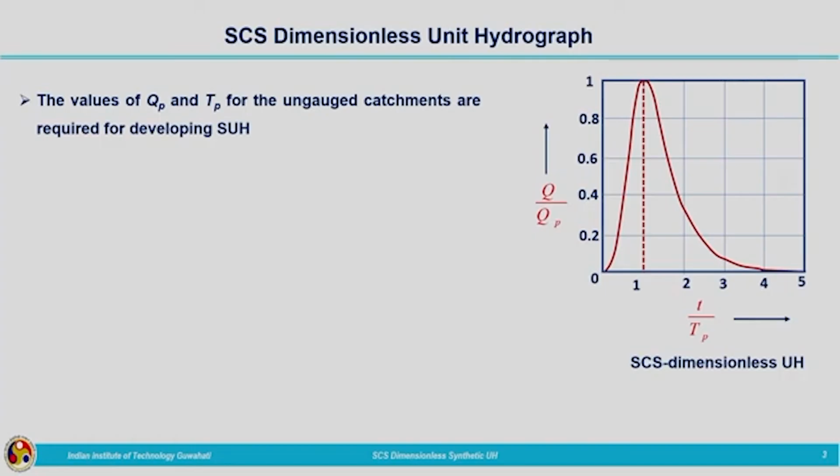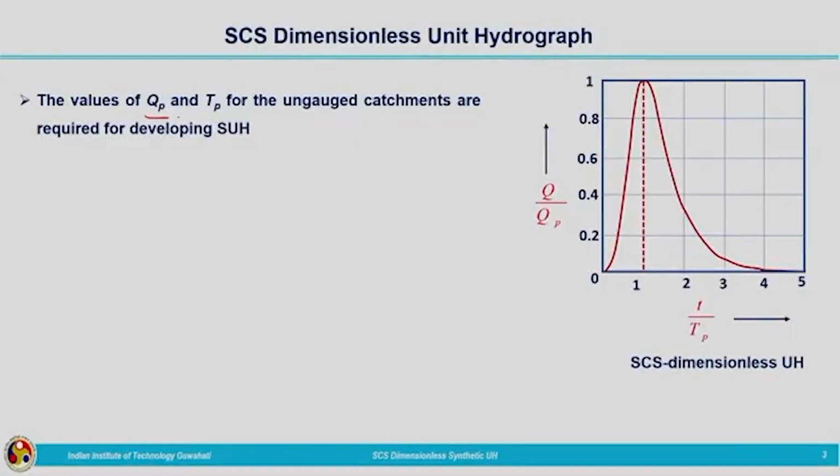Based on the SCS dimensionless unit hydrograph, we can refer to the unit hydrograph provided by them and the corresponding data table. The values of QP and TP for ungauged catchments are required for developing the synthetic unit hydrograph.